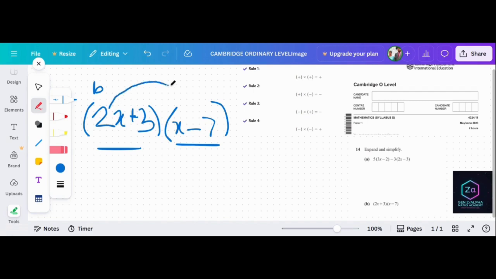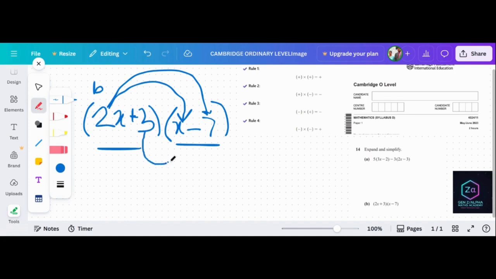So like that, follow the lines: 2x into x, right? And also we have to multiply the second element of the second bracket by the first element of the first bracket: 2x into minus 7, right? Then the second component of the first bracket, again we follow the same rule.